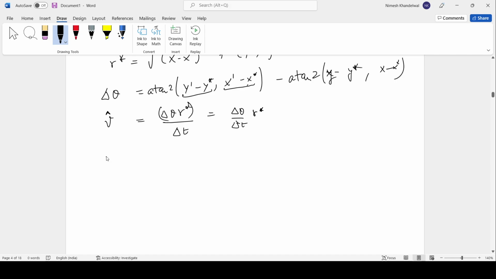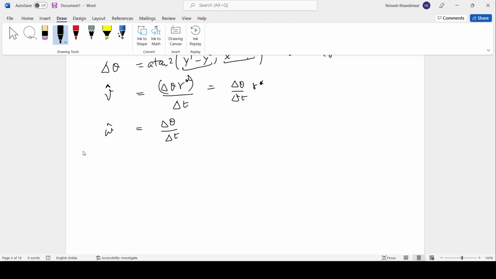And your omega is again, since we are changing by this much angle in delta t time, this is my omega. Now I'm not sure that if my theta plus delta theta is exactly theta prime. So what I do is I define another quantity, which I call gamma hat.